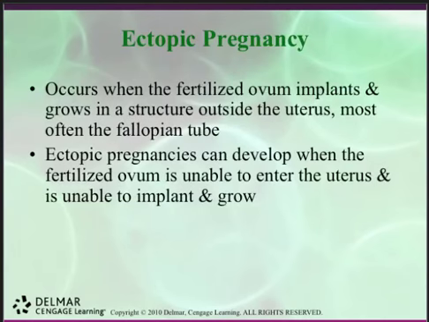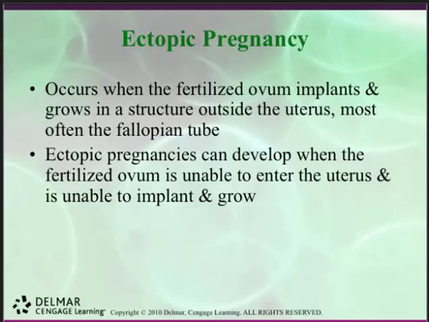Okay, an ectopic pregnancy occurs when the fertilized ovum implants and grows in a structure outside the uterus. Often, this is the fallopian tube. Ectopic pregnancies can develop when the fertilized ovum is unable to enter the uterus and is unable to implant and grow. The ovum is just another name for the egg. The blockage to the uterus can be due to pelvic adhesions or damaged fallopian tubes.